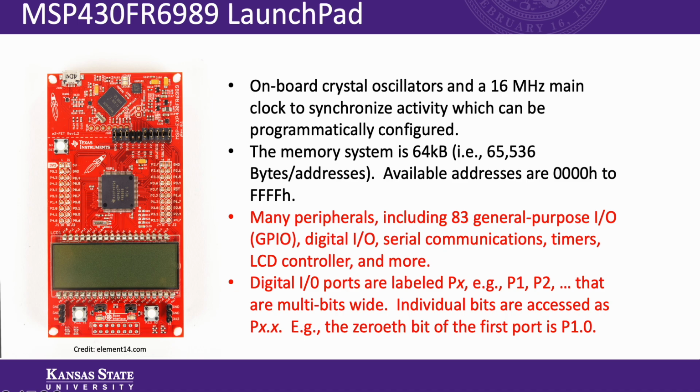Also note that the ports are multi-bits wide. The exact number depends on the port. So individual port bits can be accessed using a period or a dot operator. So for example, the 0th bit of the first port is labeled as P1.0. Again, that P must be capitalized.